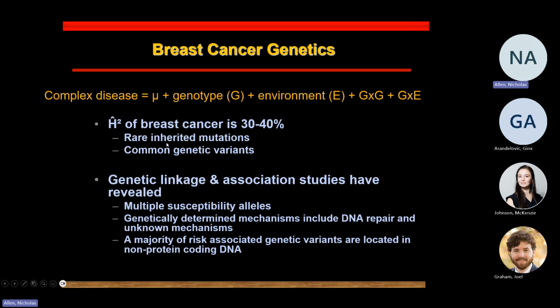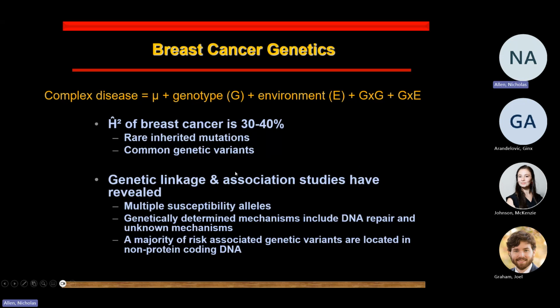Down here is where we're going to be mostly studying today. It's these common genetic variants. These are genetic variants that exist at an appreciable level in the population, and they don't have a major effect individually, but altogether, their effect adds up to a majority of this heritability in breast cancer risk.